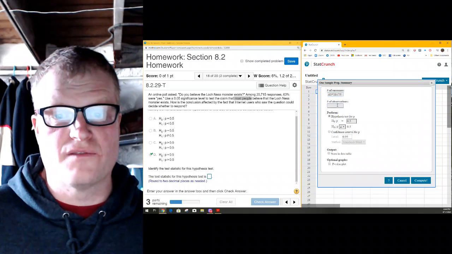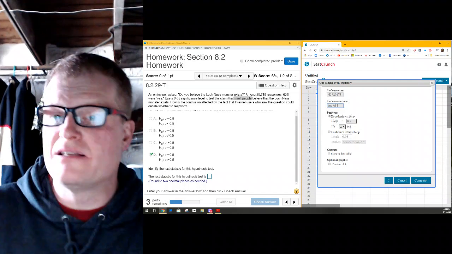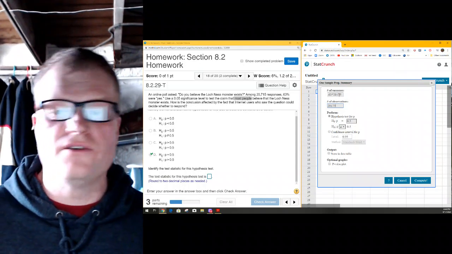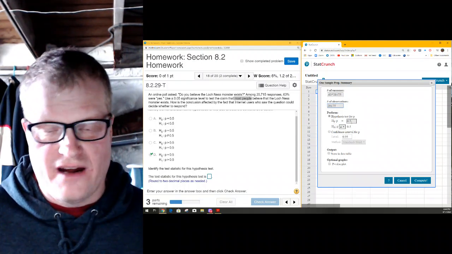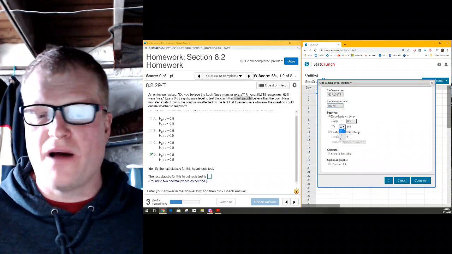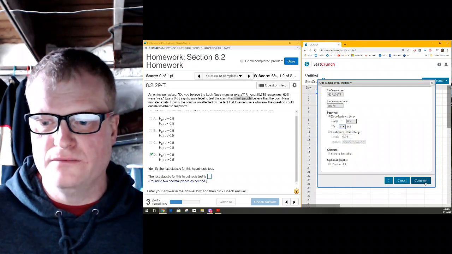And our observations were 20175. Now, some of your problems, they'll tell you how many successes you have. Go ahead and put that number here into your number of successes. Our hypothesis test is 0.5. That's the default. That's actually what we want in this case. But we need to change our alternative hypothesis to greater than. I'm going to hit compute.